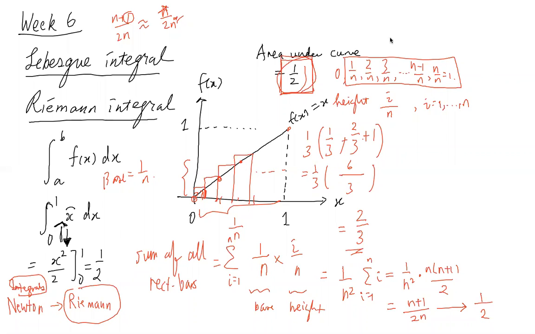By the way, is it clear to you that over here I put the sum, and the sum here is equal to this? This is a basic result in discrete mathematics. Is it clear to everyone, this result?